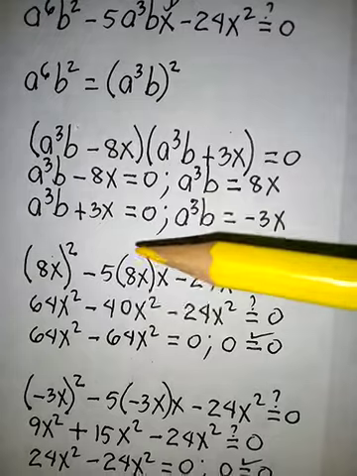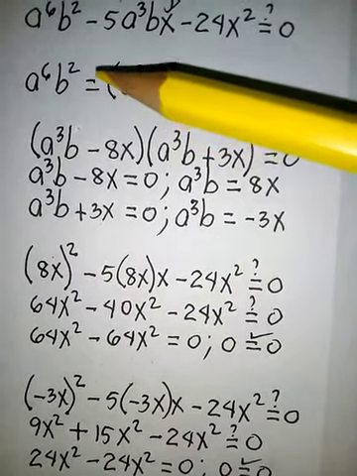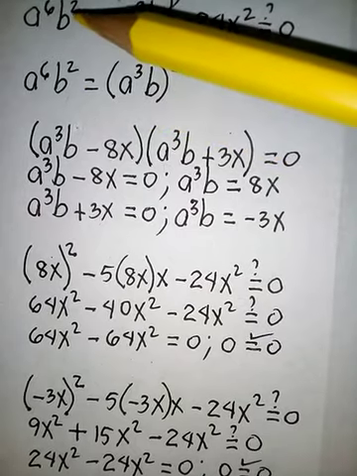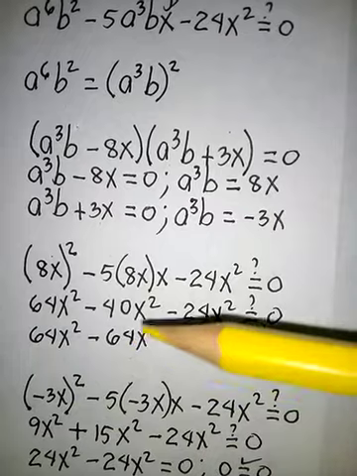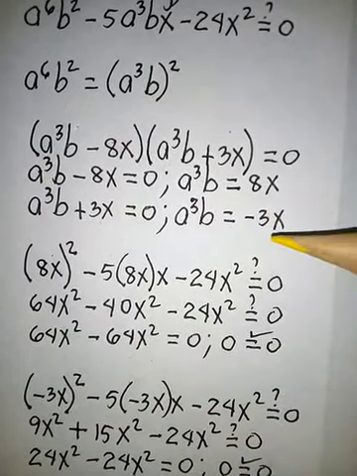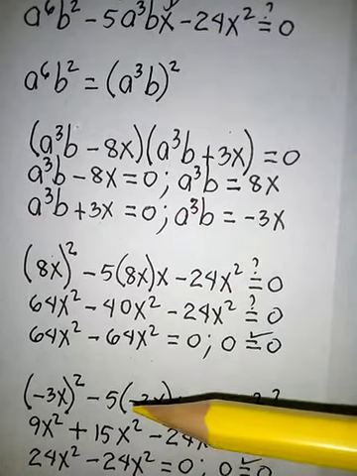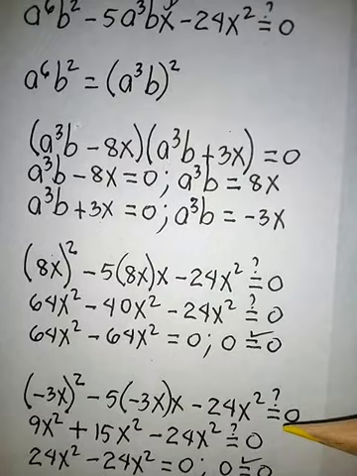Okay, so let's substitute the value of a cubed b. So we have here a cubed b quantity squared. So negative 3x, or the value of a cubed b quantity squared, minus 5 multiplied by a cubed b, times negative 3x, times x, minus 24x squared. Is this equal to 0?